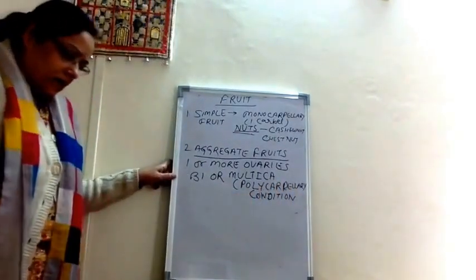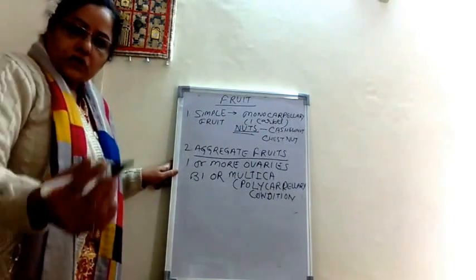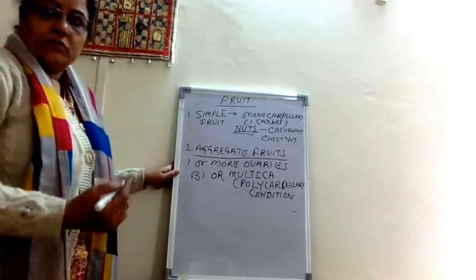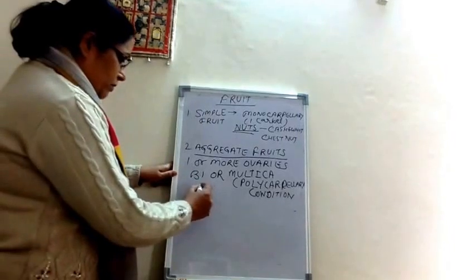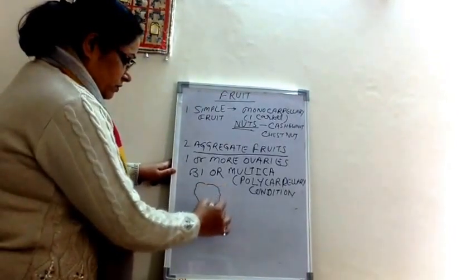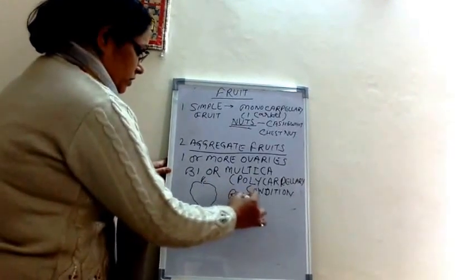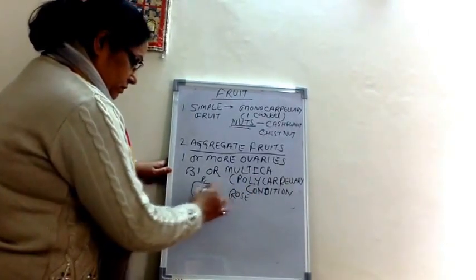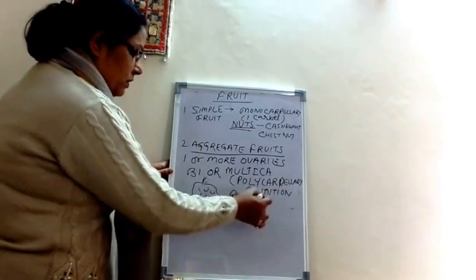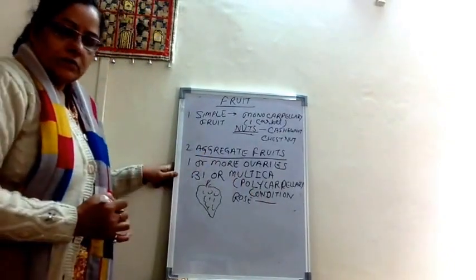In this, rose or strawberry are aggregate fruits. Like this strawberry, or rose also. These are the aggregate fruits.